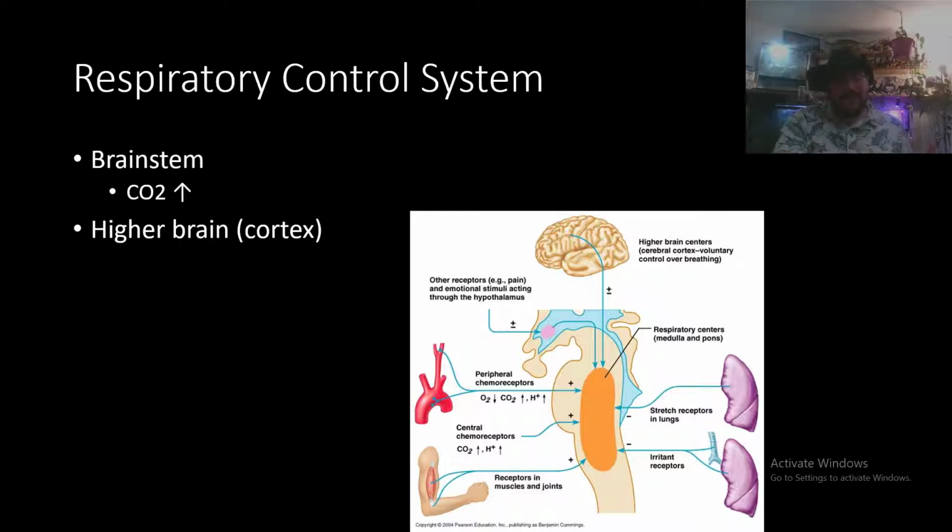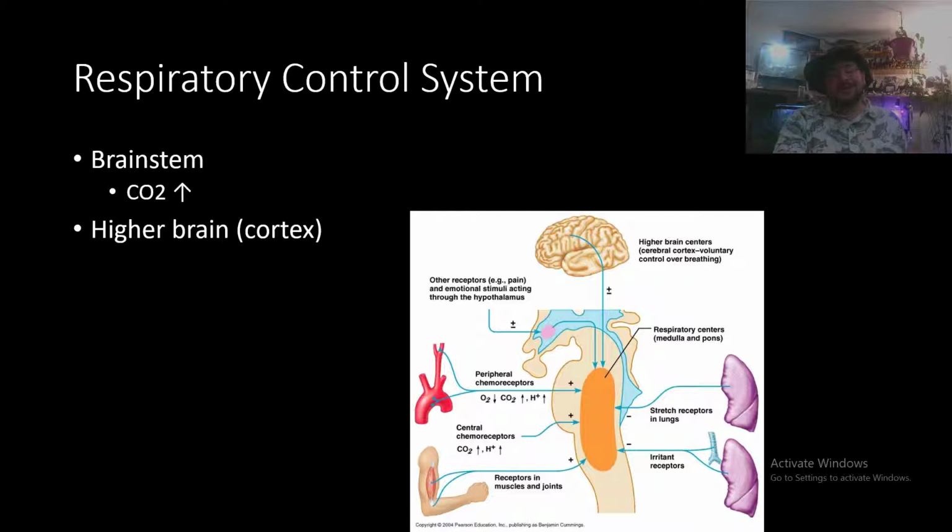Anyway, obviously, you also have conscious control over breathing. If you fall unconscious, you're still going to breathe. But when we are conscious, we can breathe when we choose, how we choose.